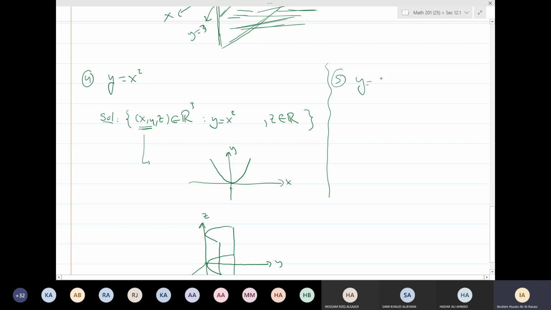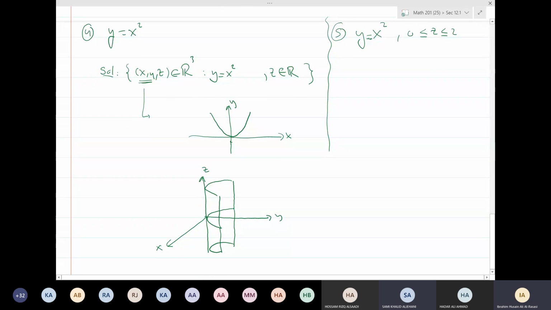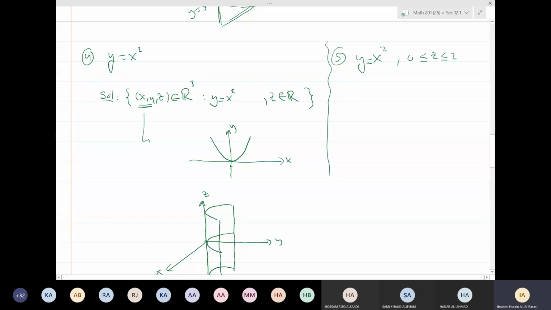Y equals x squared, but Z between 0 and 2. How to sketch this? The same, but Z is restricted. Y equals x squared in the floor is the same, a parabola. But now Z is not free.